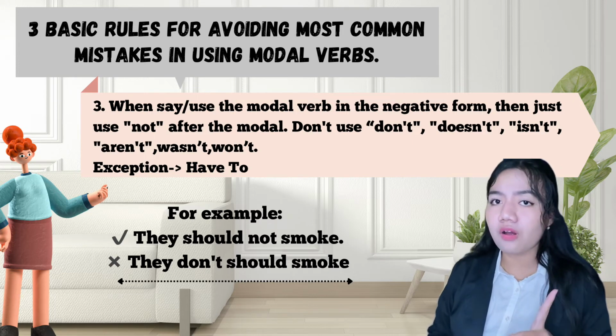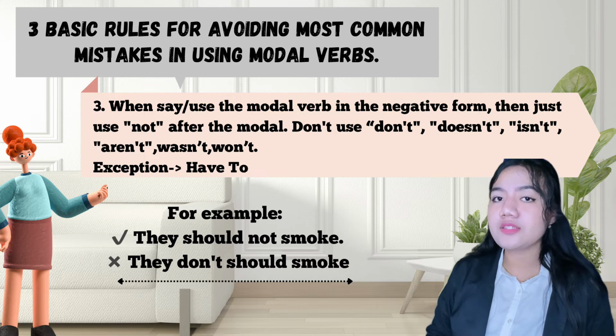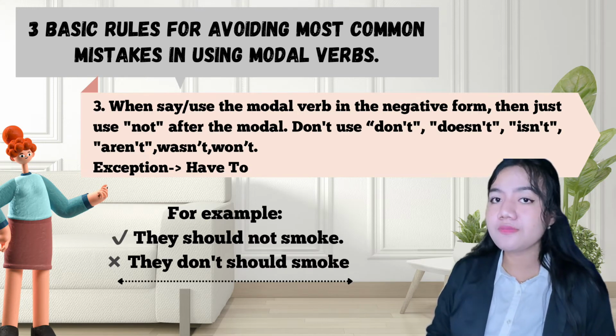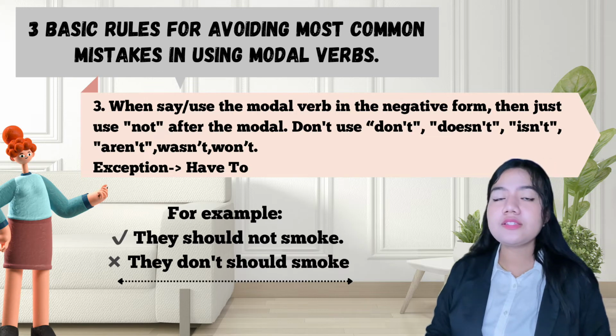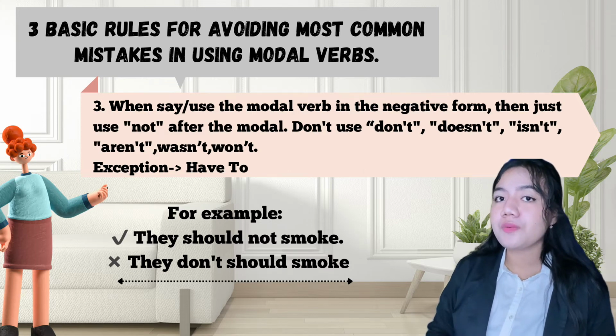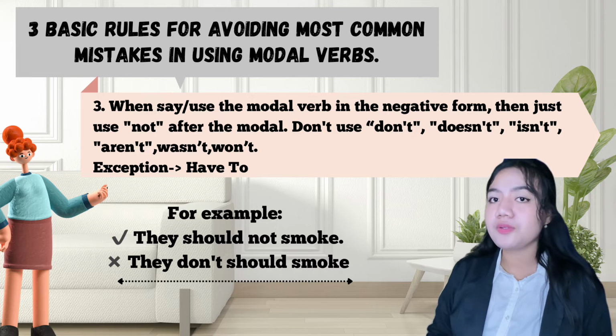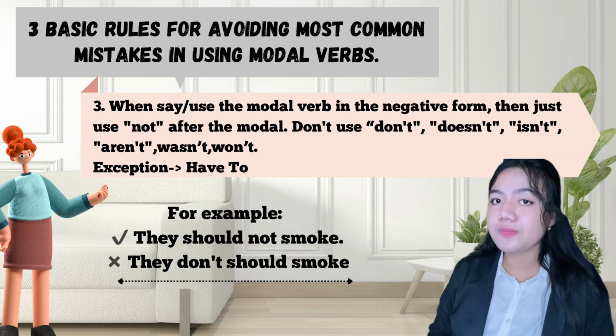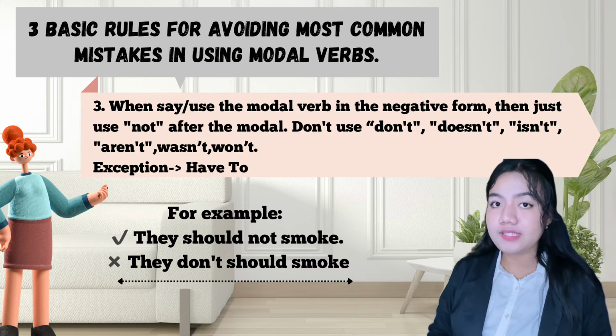But that's wrong. The only exception is with the modal verb have to. There, if you want to make it negative, you need to say you don't have to do this. Okay, but with the other ones, we just say you cannot, you could not, you may not, you might not, you should not. Okay, so there you have to be careful where to place it.